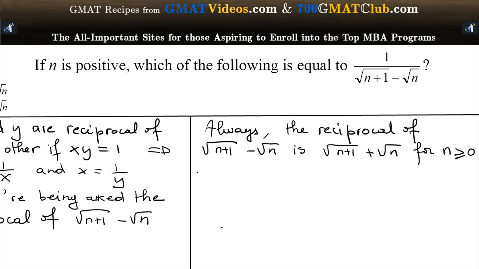They are reciprocal of each other. So, if you want, 1 over root of n plus 1 minus root of n is equal to root of n plus 1 plus root of n. Because remember, this whole thing is a reciprocal of this, so this is equal to that.